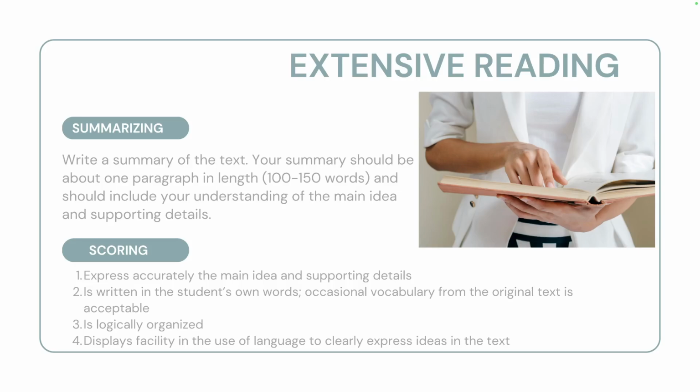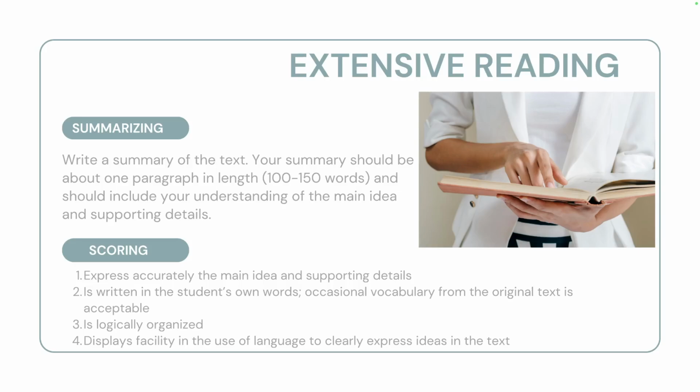So how you score them should be based on their reading comprehension and or the strategies that they use, not necessarily on their ability to write. If it's all about their organization and grammar and things like that, now it's just a writing task.